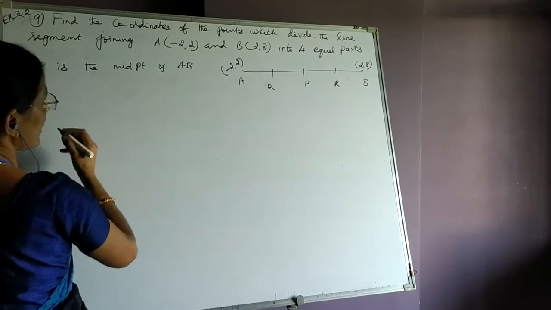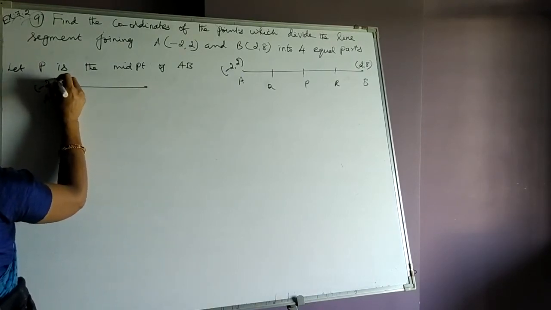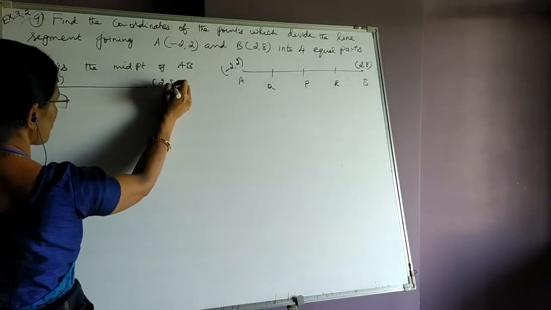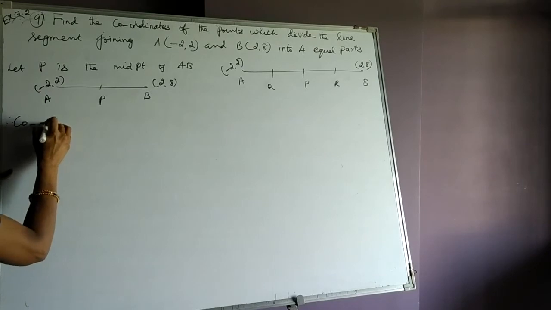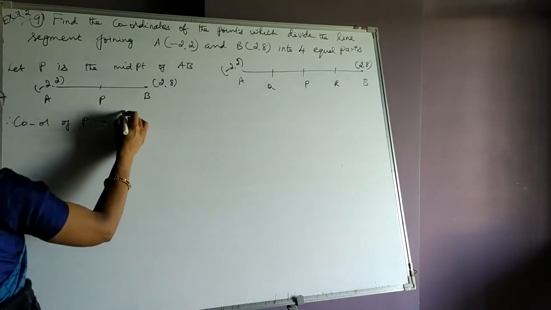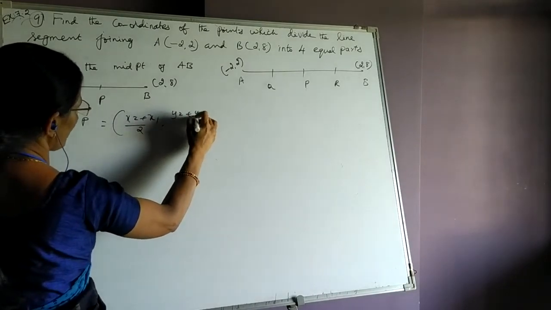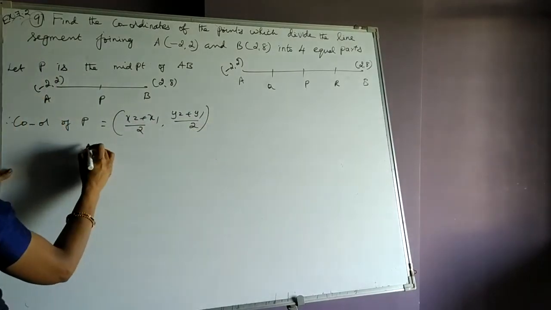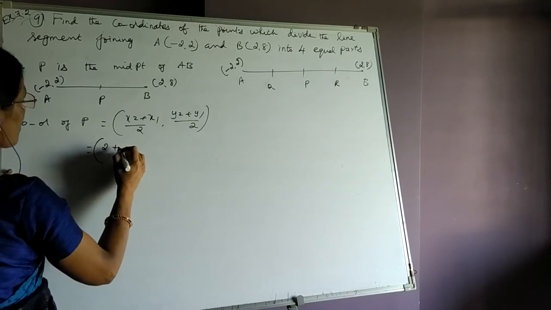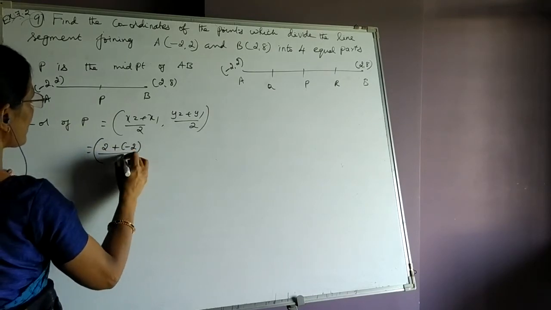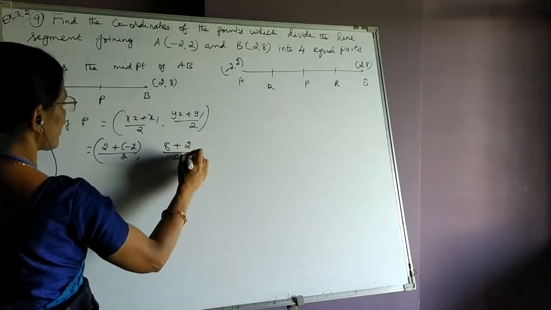So P is the midpoint of AB. A is (-2, 2) and B is (2, 8). P is the midpoint. Therefore, coordinates of P is equal to ((x2 plus x1) upon 2, (y2 plus y1) upon 2). x2 is 2, x1 is minus 2, divided by 2. y2 is 8, y1 is 2, divided by 2.